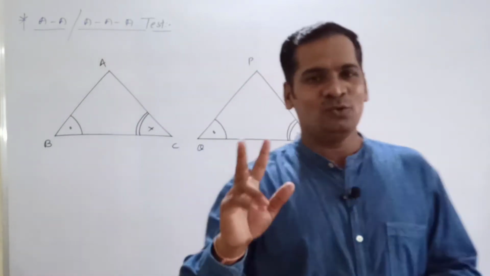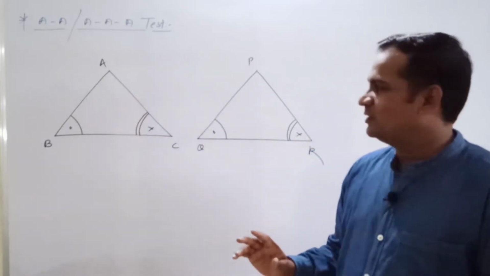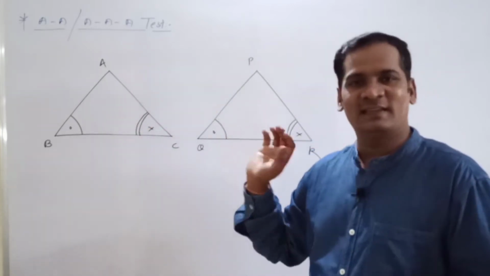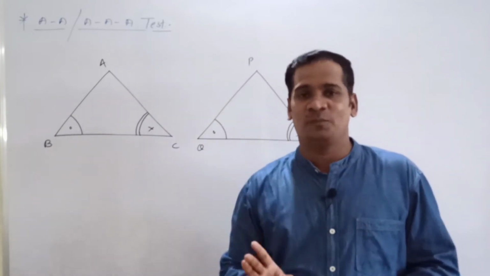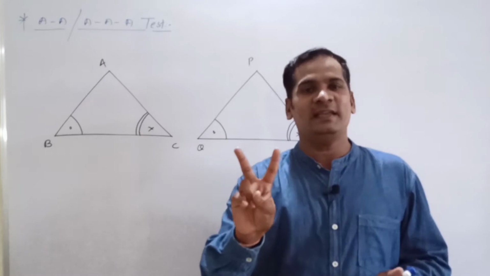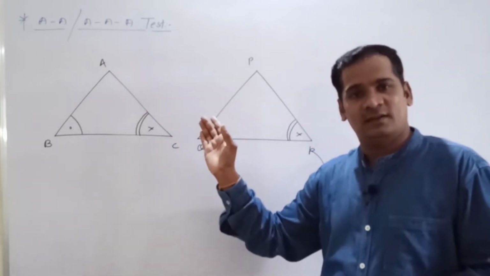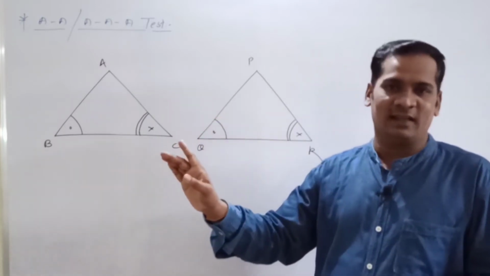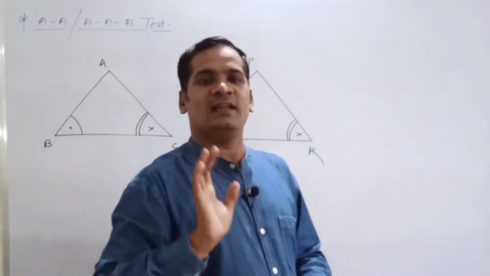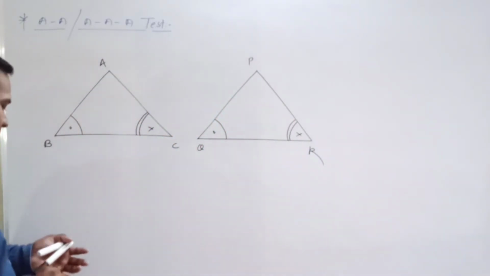If any two angles are congruent, then the third will automatically be congruent. So we will take the angle angle test. In one-to-one correspondence between the vertices of two triangles, if any two angles of the first triangle are congruent with corresponding angles of the second triangle, then the two triangles are similar by the angle angle test.